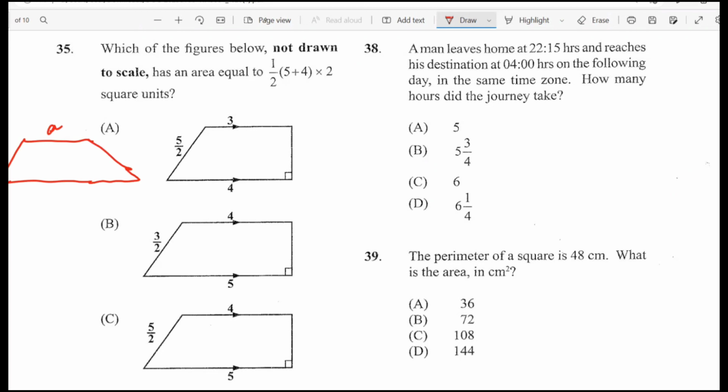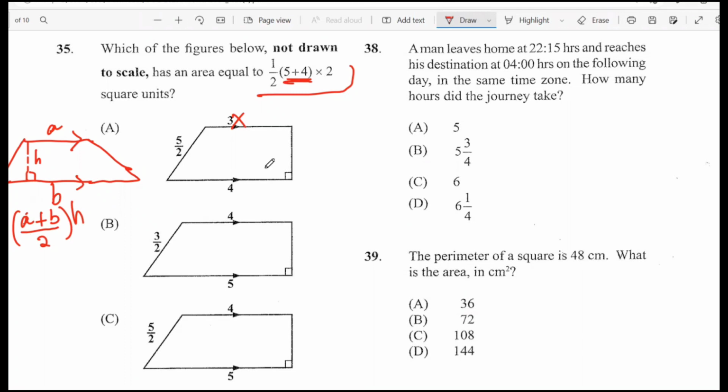Let us call this A, this B, and its perpendicular height H. The formula says half the sum of the parallel sides. A and B are parallel, so half of that, multiplied by H. You're looking for that idea here. So 5 and 4 are the parallel sides, so that's out.